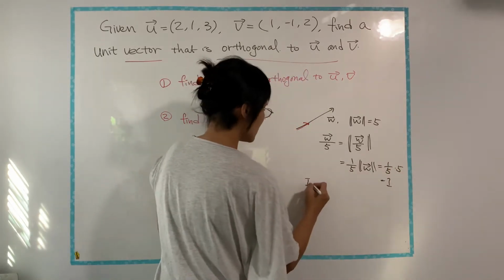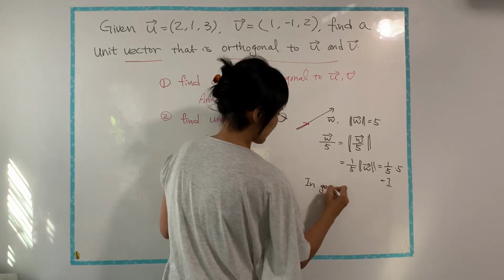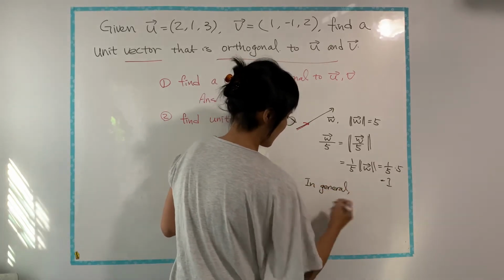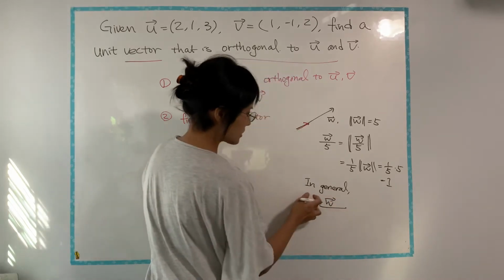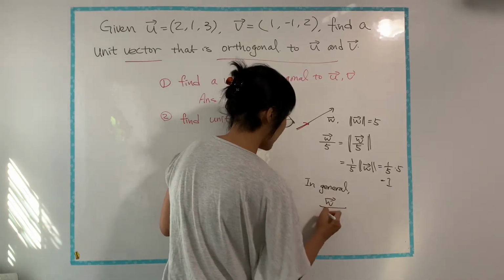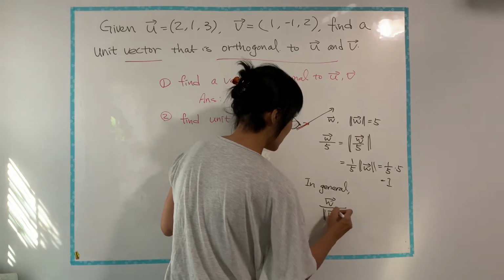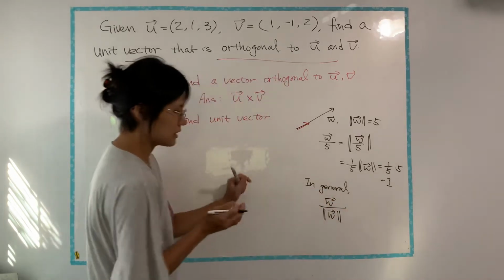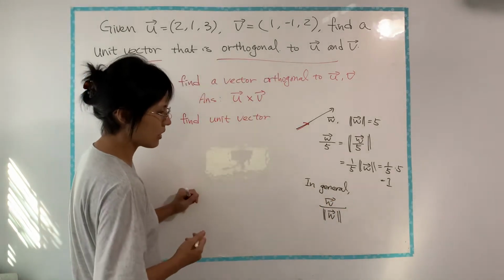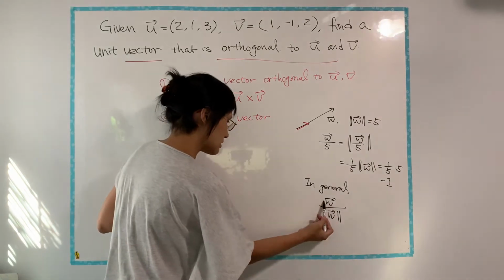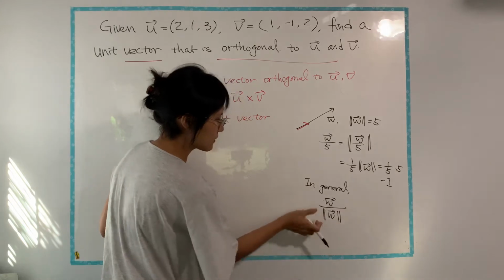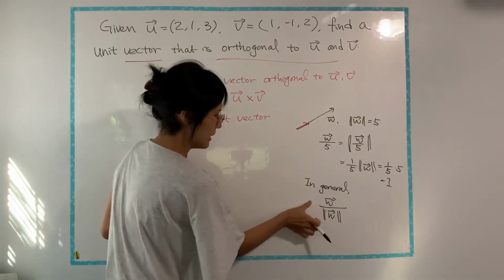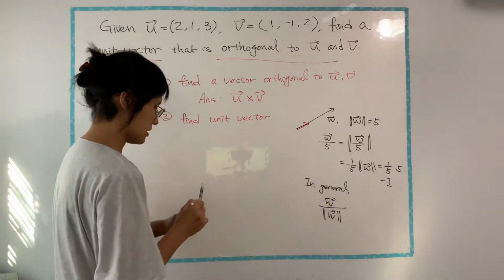So in general, whatever vector you have, if you want to keep the same direction but adjust the length so it has length 1, then you do the vector divided by its own length. So this new vector has length 1 and it has the same direction as W.